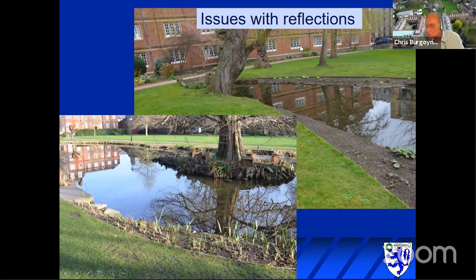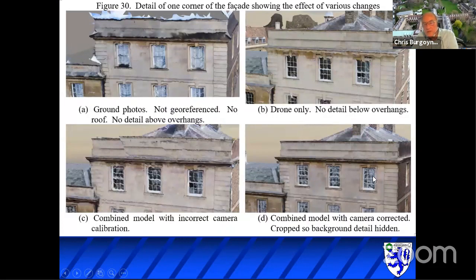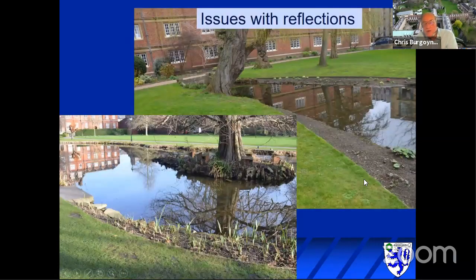It says, I've got a corner of a window here, and I've got a corner of a window here. And this causes issues with anything that reflects light. And it applies to water surfaces, as here, and it also applies to windows. And that's why you're getting this distortion here, because it's trying to fit a model to an image where what it sees in this window varies depending upon where you're taking the photograph from.